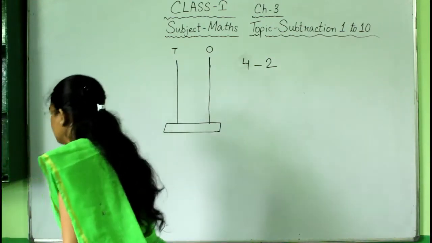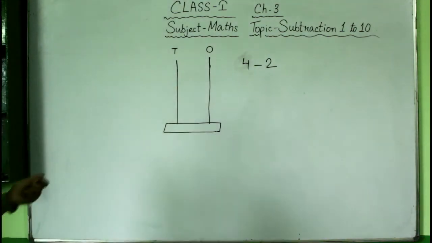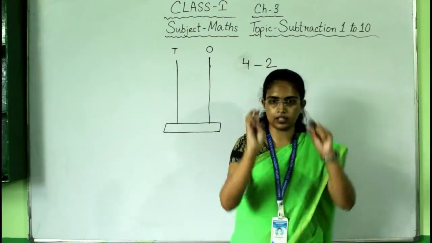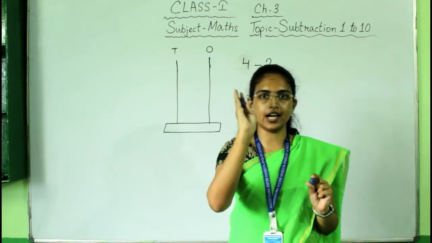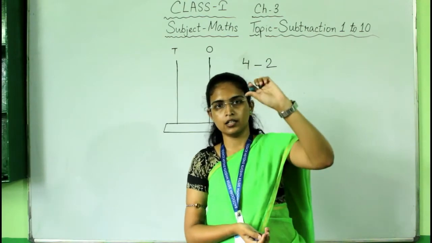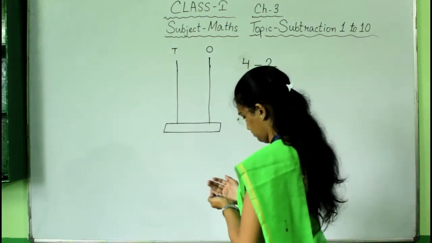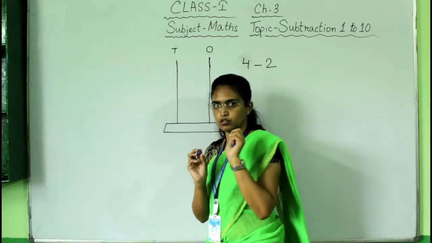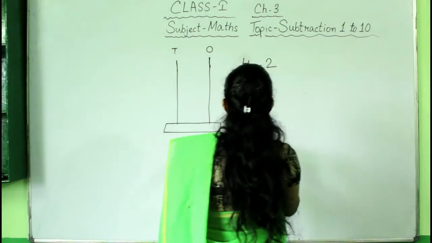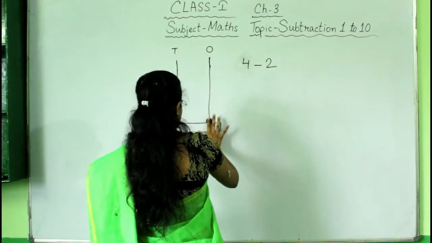We are using these balls, right? Colorful balls. Which color? Yes, it is purple color. And this one? Blue color. So we are using 2 colors, or you can use only 1 color also. Suppose I am using 1 color. Which number? 4.